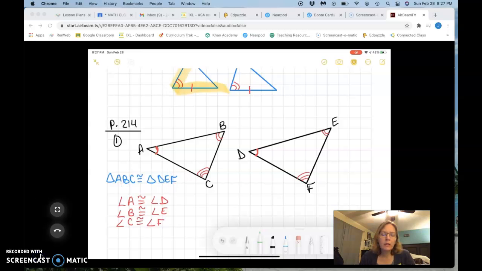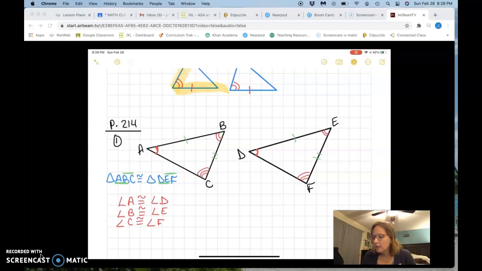All right, so just like the angles are congruent to each other because of the way the triangle is named, the sides are congruent because of the way it's named also. So that means side AB is going to be congruent to DE. And then side BC is going to be congruent to EF.